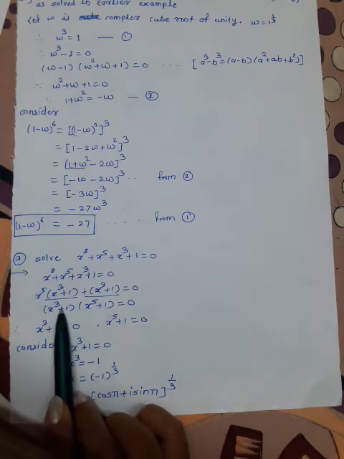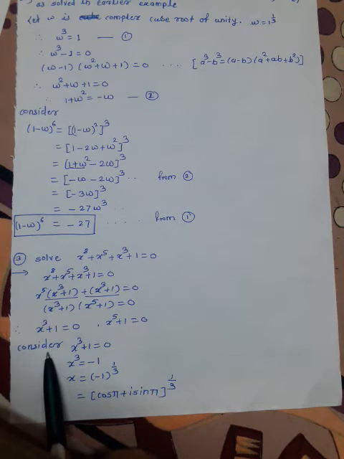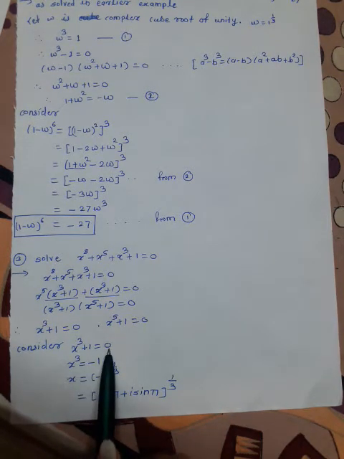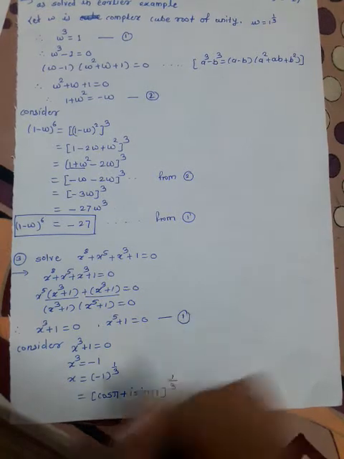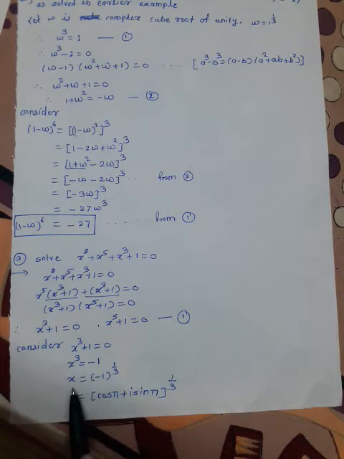Now start with x cube plus 1 is equal to 0. You can call this equation 1. Now take plus 1 to the other side, we get minus 1. x cube is equal to minus 1. Take cube root on both sides.